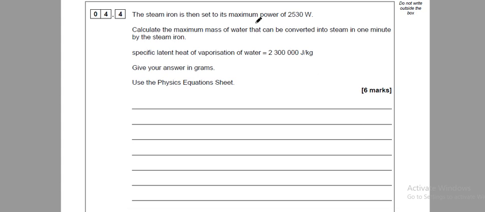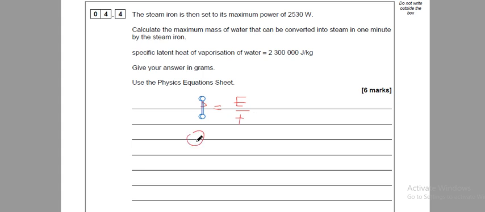The steam iron is then set to its maximum power. Calculate the maximum mass of water that can be converted in 1 minute by the steam iron, and the specific latent heat of vaporization is given. Give your answer in grams. So we know that power is equal to energy over time.